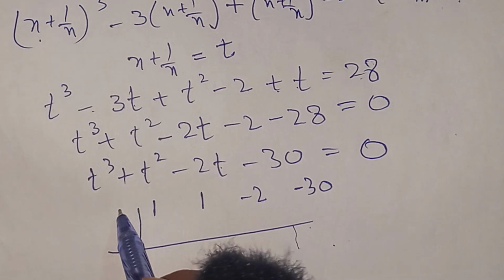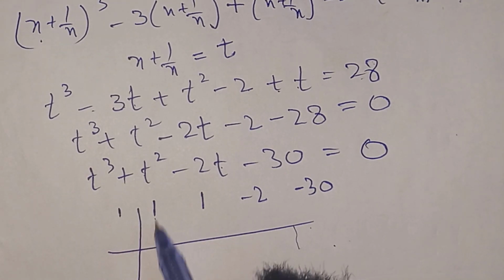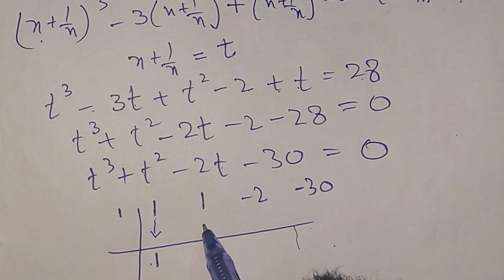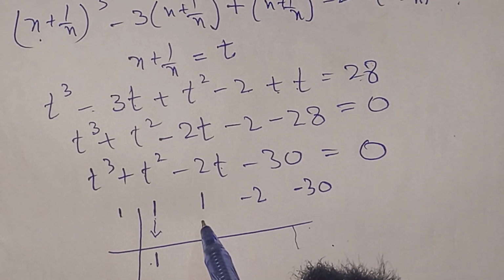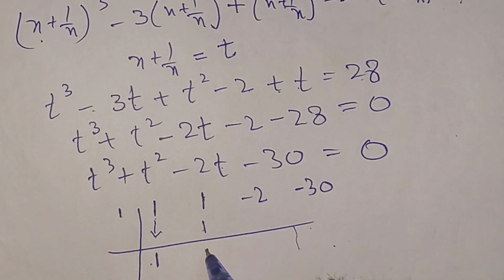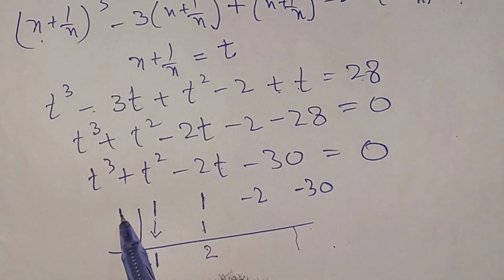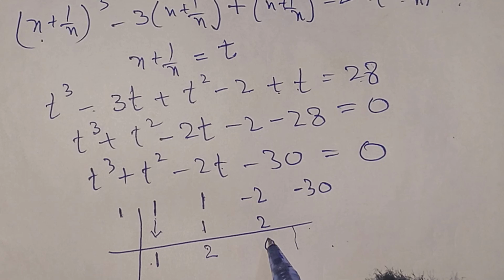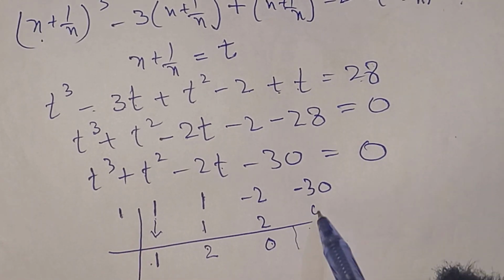So if we put 1, we copy this number 1 as it is, multiply 1 by 1, we get 1, and if we add, we get 2. In the next step, we multiply 1 by 2, we get 2. So −2 plus 2 is 0, and 1 multiplied by 0 is 0.